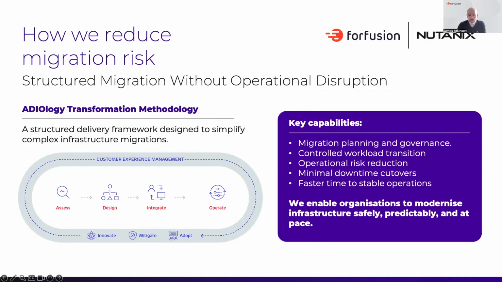The integrate phase is where we'll use those designs and plans to build, configure the hardware, software, deploy and test before adding the components into production environments. And the planned migrations will then be carried out. This leads to the operate phase, which includes as-built or operational documents and a structured handover to the customer or for Fusion's managed services team.